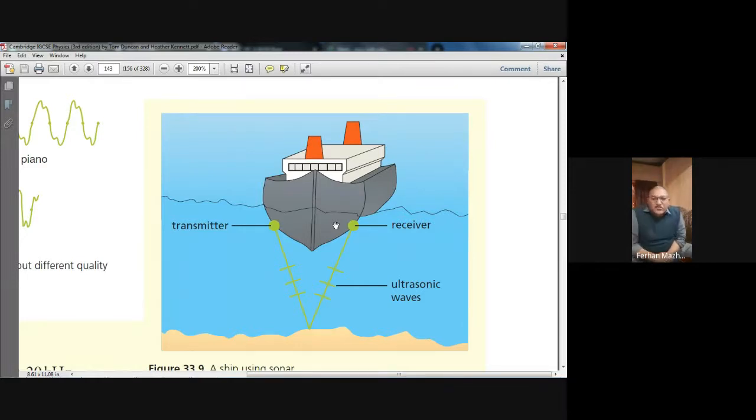That transmitter will produce ultrasound pulses. Those pulses will be sent out, and from the bed of the ocean, they will be reflected. And on the ship, we have a receiver for the ultrasound.